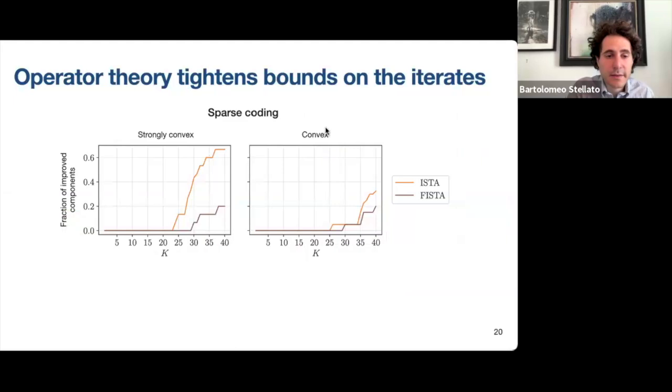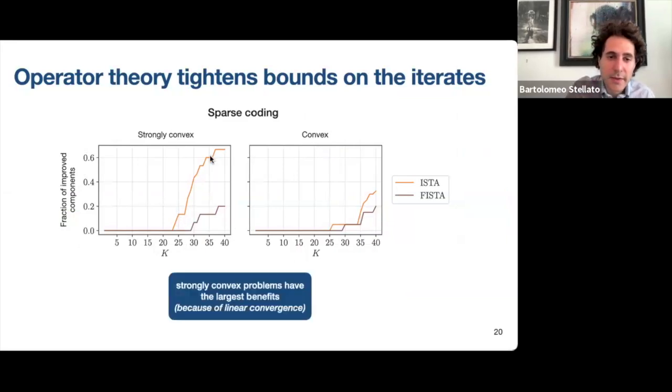Here I have on the y-axis the fractional components that are tightened using the operator theory bound, and on the x-axis the number of iterations. You can see that for the strongly convex problem, I do have linear convergence. So the operator theory will tighten way more components, for both ISTA and FISTA, much more quickly, which means that tightening the components is a very good procedure to accelerate the solution of these mixed integer linear problems.